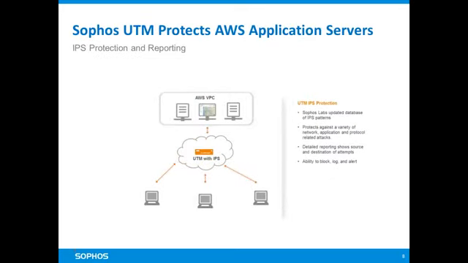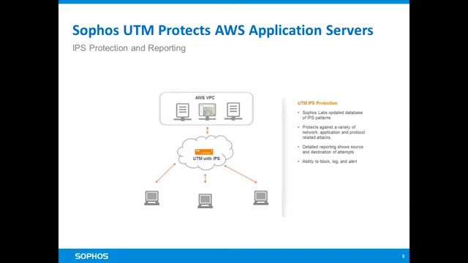Now, it's not just web servers, of course, because it's very common to have things like database servers, for instance, CRMs, whatever it might be that you're running in Amazon. You still need this type of protection. So we have an IPS, which is going to give you those types of protections.